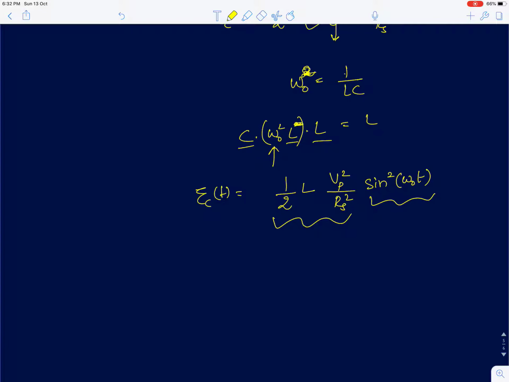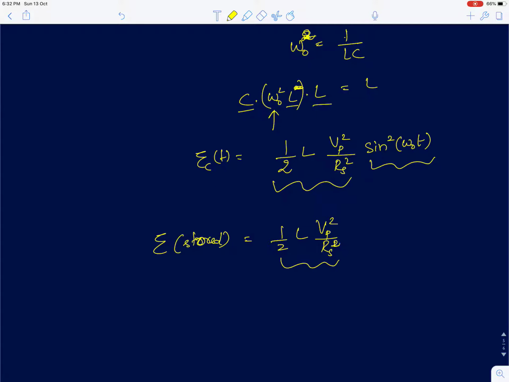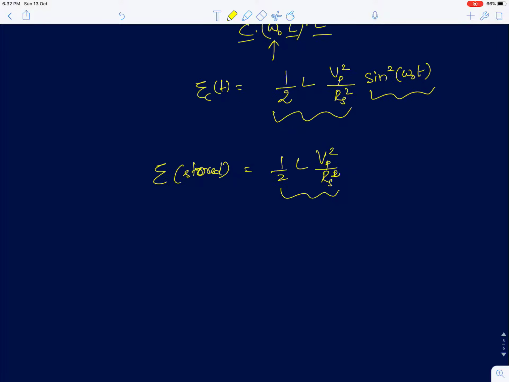Now if you add the two values, the total energy stored in both the capacitor and the inductor, you're simply going to get half L Vp square by Rs square. The sum of sine square plus cos square is 1. So you will simply get this as your total stored energy. Now we know that the power dissipated across the resistor is simply Vp square by Rs into cos square omega naught t.